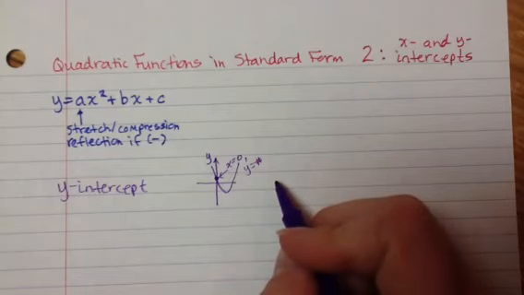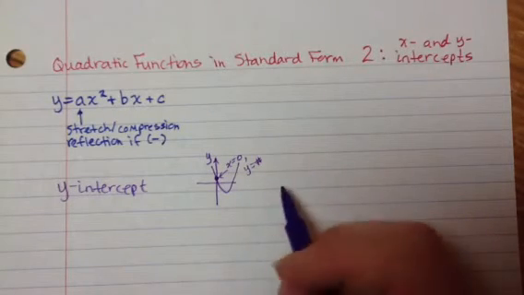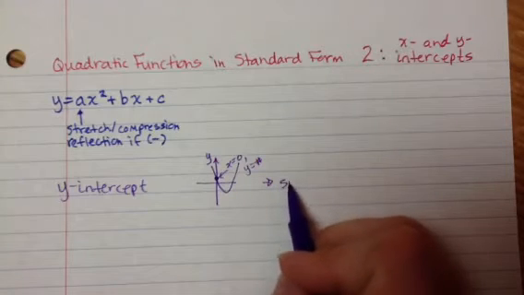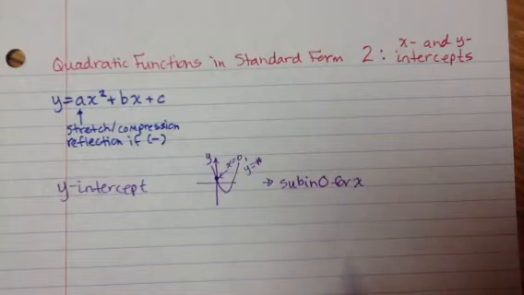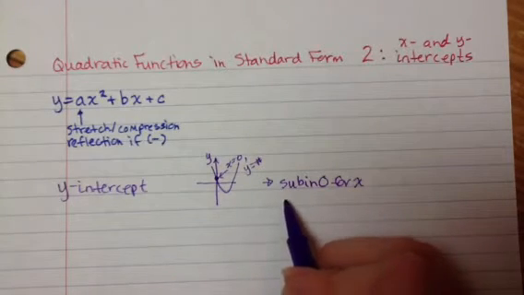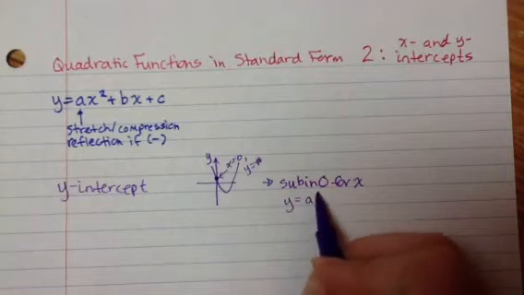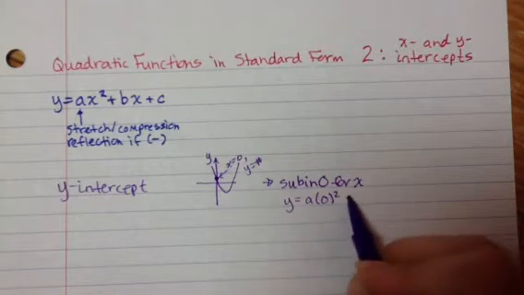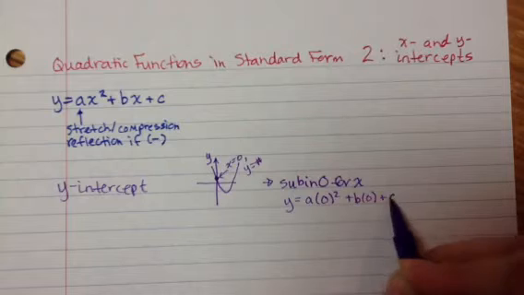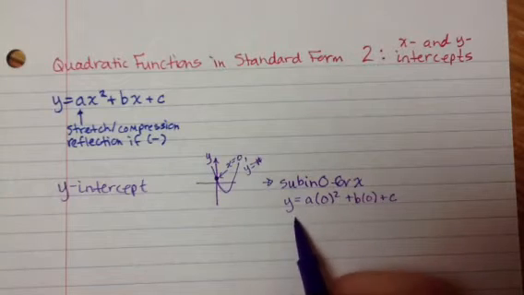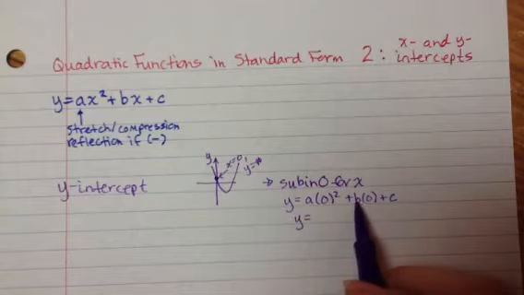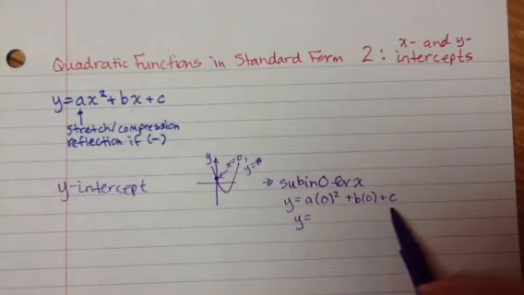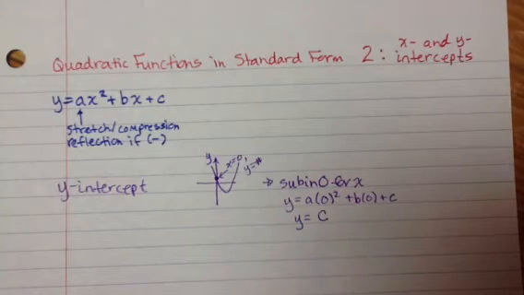So what we could do to find the y-intercept is we could sub in 0 for x. Now what you'll notice when you're in standard form and we sub in 0 for x is that we have y equals a times 0 squared is 0, b times 0 is 0, and then we have c left.